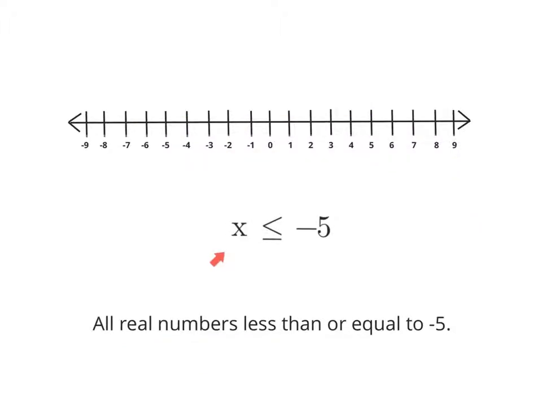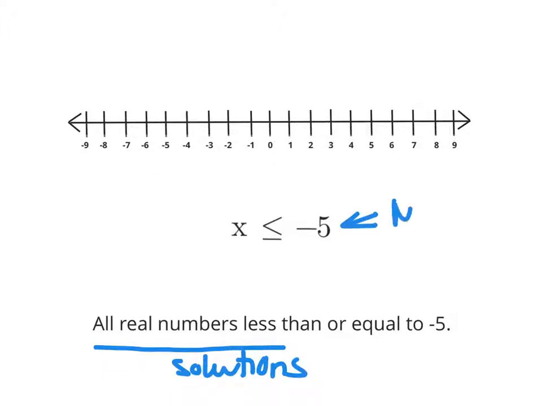In this example, I have x is less than or equal to -5, which means all real numbers less than or equal to -5. That would mean that my solutions need to be less than or equal to -5, which means that -5 is a maximum number.